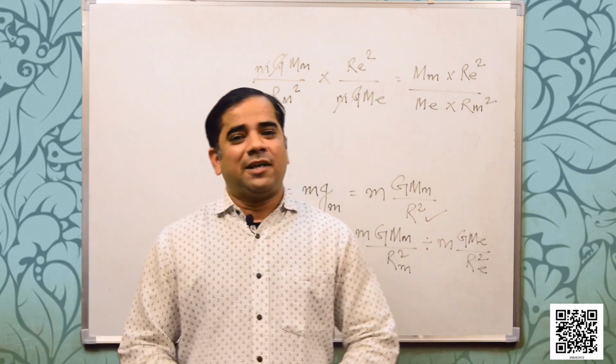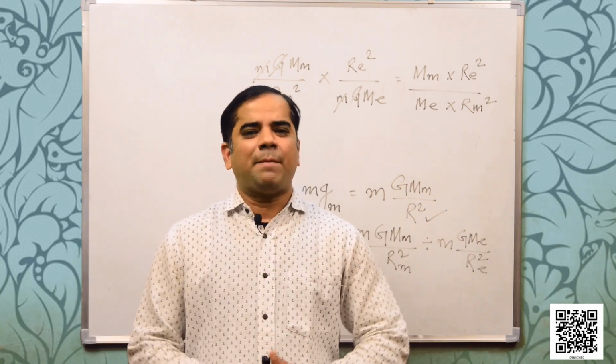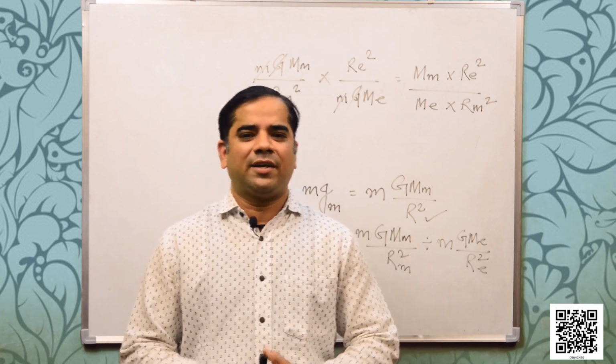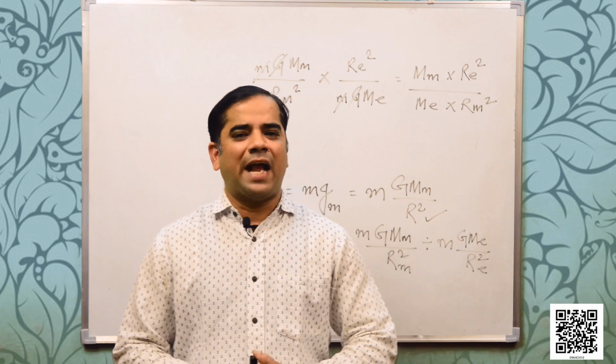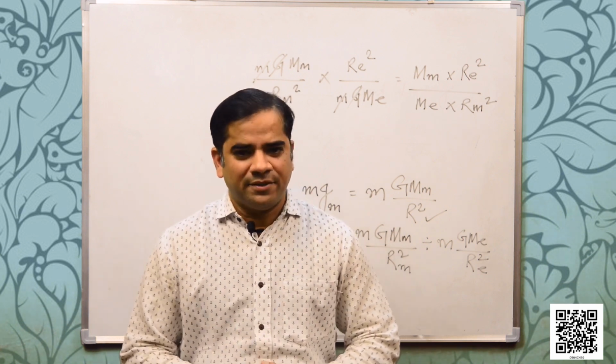So, as mass of moon is 1 by 100 times the mass of earth and radius of moon is 1 by 4 times the radius of earth.